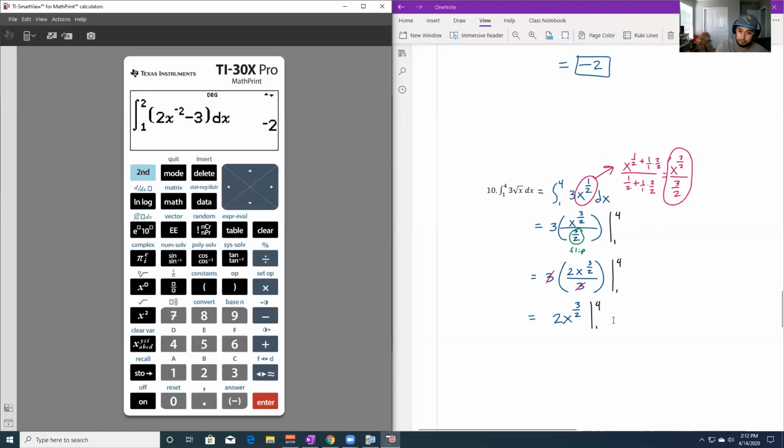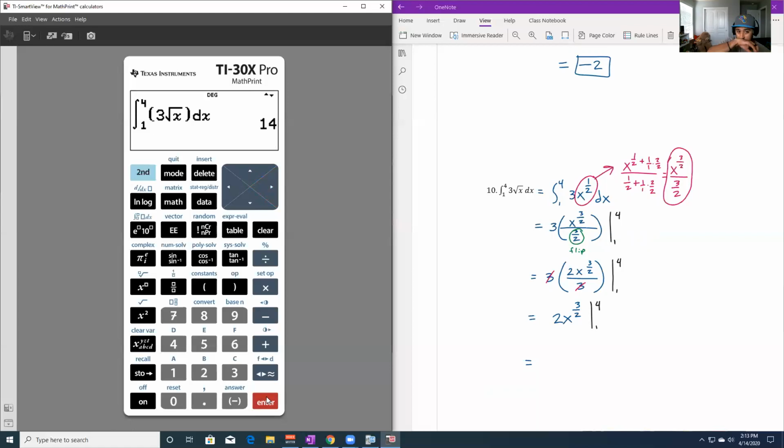All right. Now, let's do the quick calculation. I'll say clear, second integral, 1 to 4 of 3 square root x dx.